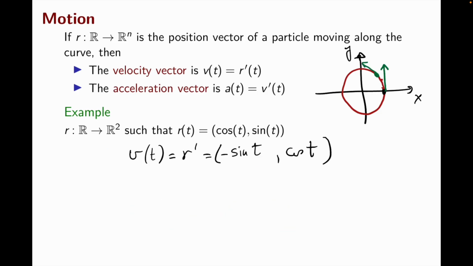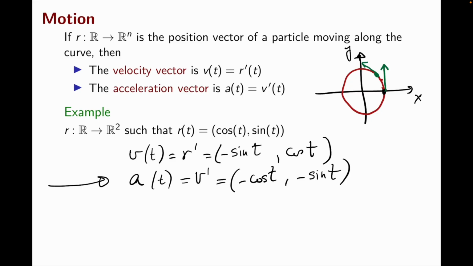To calculate the acceleration at t, it is going to be the derivative of the velocity, the one that we just calculated. So the derivative of minus sine of t is going to be minus cosine of t, and the derivative of cosine is minus sine of t. So in the same way we have the acceleration for all values of t.